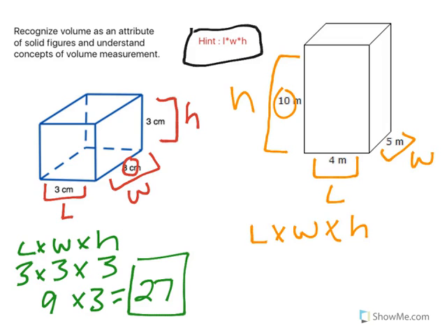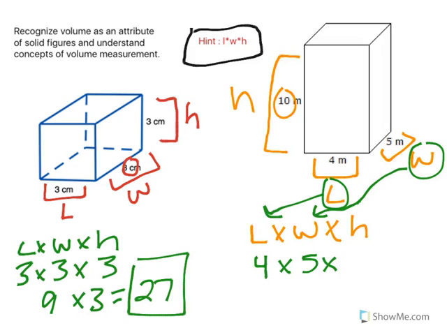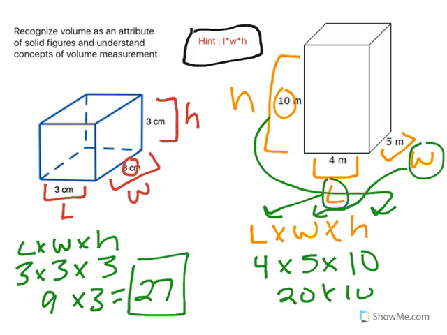We know that the length is 4, the width is 5, and our new dimension height is 10. So now we solve that. 5 times 4, or 4 times 5, is 20. Times 10 is 200. And that's all there is to it, guys. Let's move on to the next concept. Hopefully we all got those answers right.